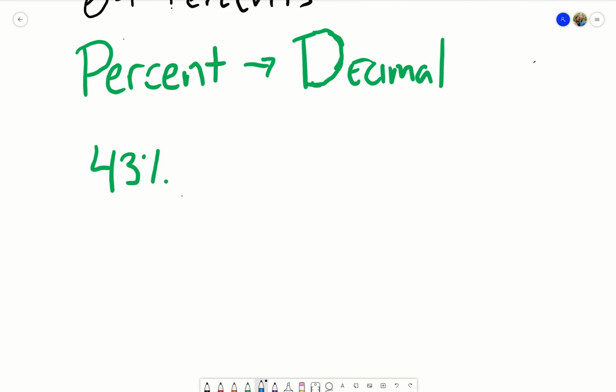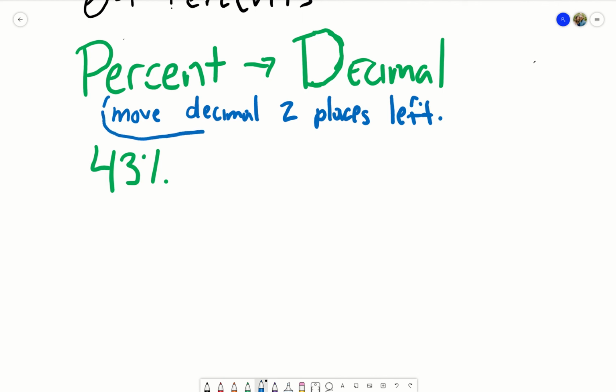We are going to move the decimal 2 places to the left. Every time we do this, we're going to be moving our decimal 2 places to the left. So 43%. Do I have a decimal here? There's not one visible, but I have one. If there's not one visible, I always have one right at the end. So I'm going to put my decimal in, move it 2 places back, and that will give me 0.43.